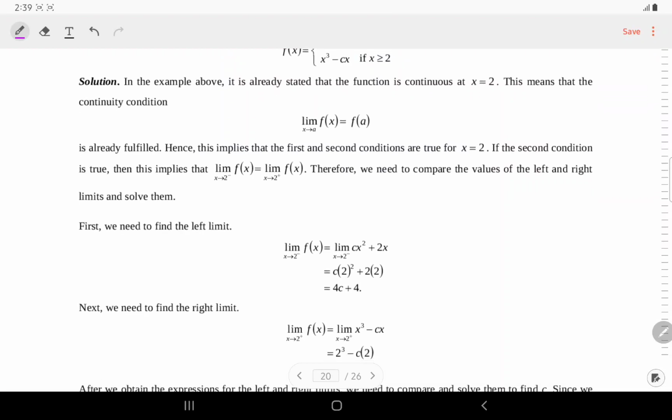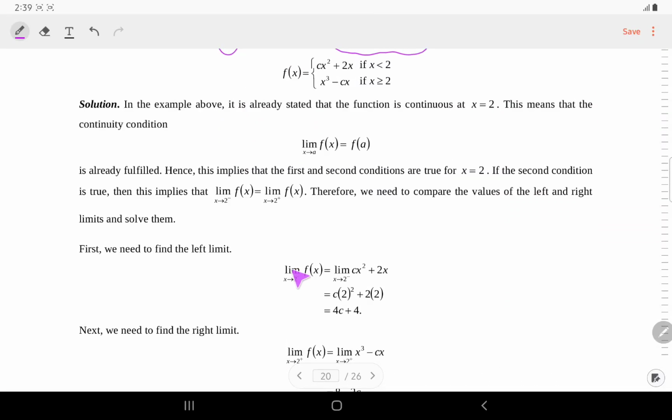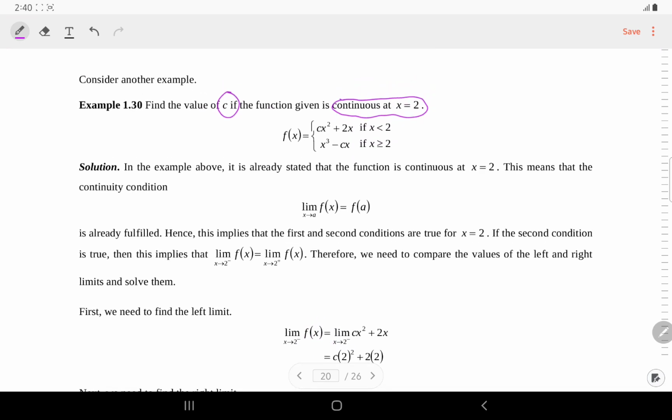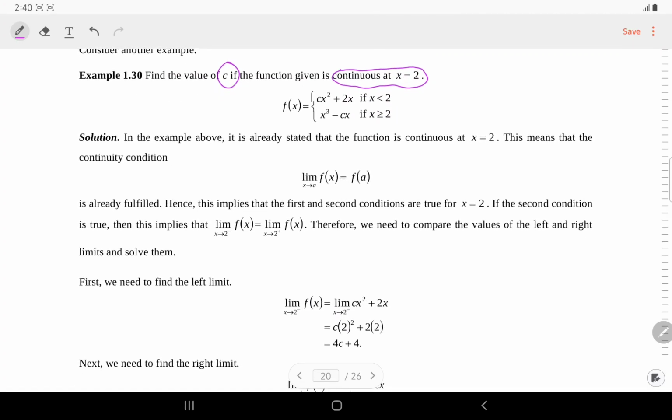First we need to find the left limit. For the left limit, you need to write limit x approaches 2 from the left, with a negative sign here, and then choose the right function. The function we must choose is the function on the left side of number 2, which means x is less than 2.